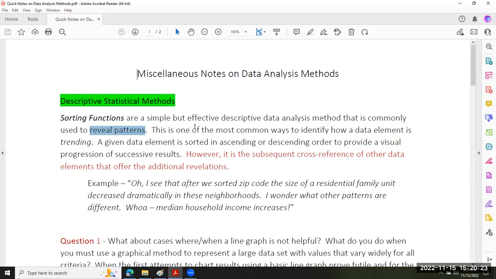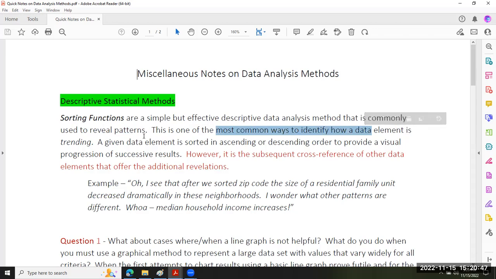So you're working a set of data, and if you organize it from least to greatest on any of the given fields, then that's just a quick and dirty way of seeing if there are other patterns that jump out at you. It is one of the most common ways to identify how a data element is trending, right?